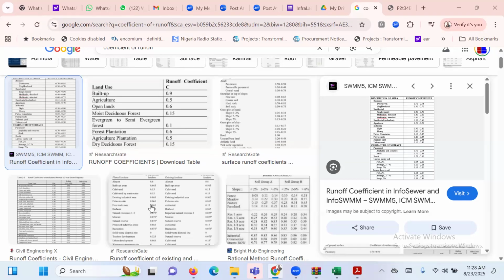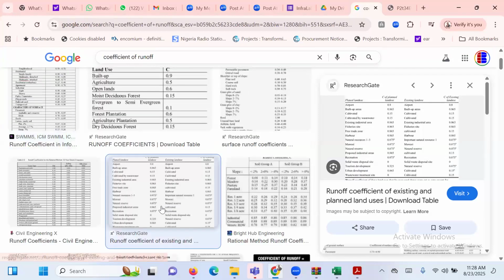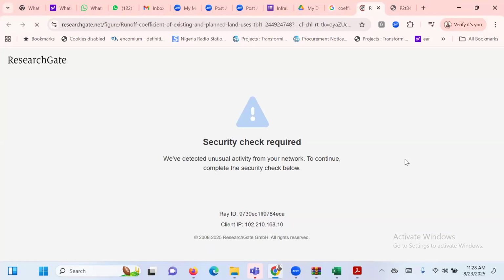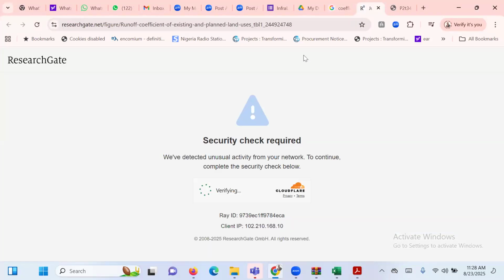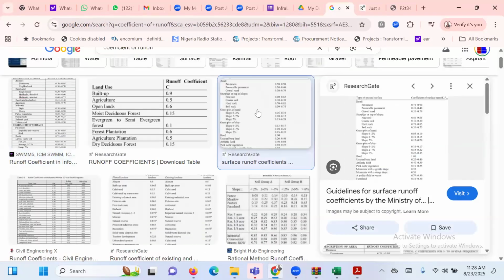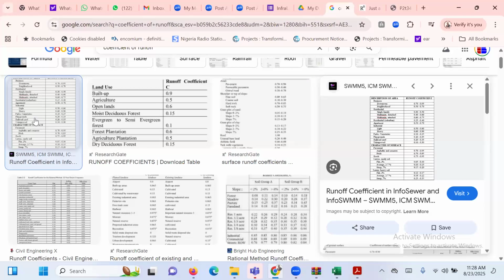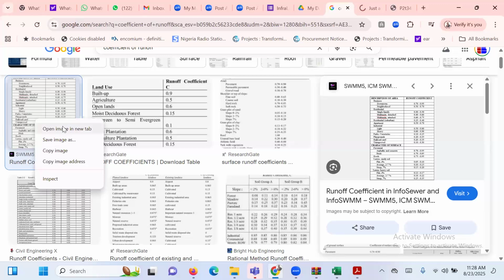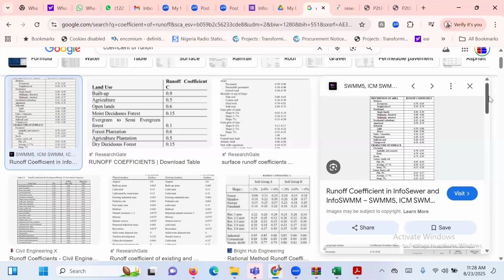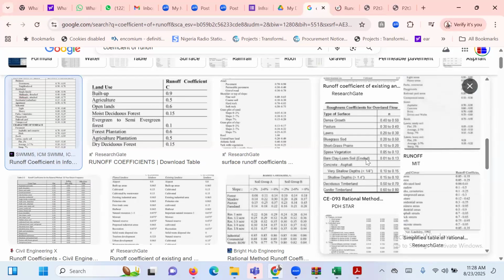So if you go to another chart, I want one of them to open for me. All these ones are in papers. Look at it, they're in papers. This one says ResearchGate. So you can see there are so many of them.